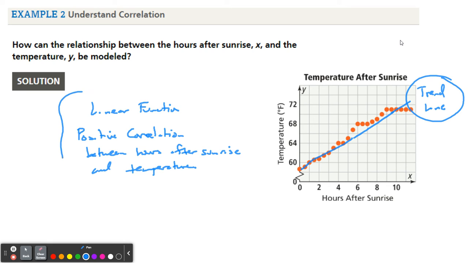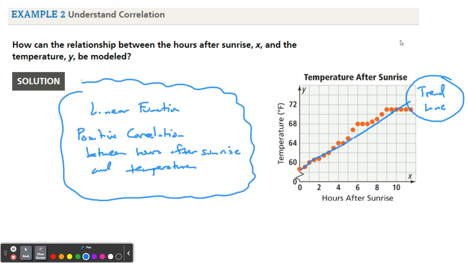There you go. So again, that's why this is in the linear functions chapter, because it follows that linear function form.